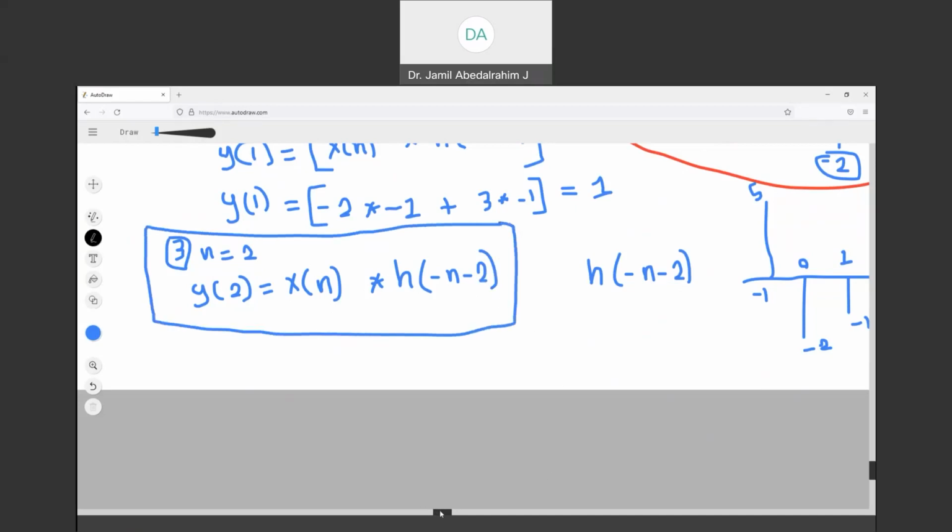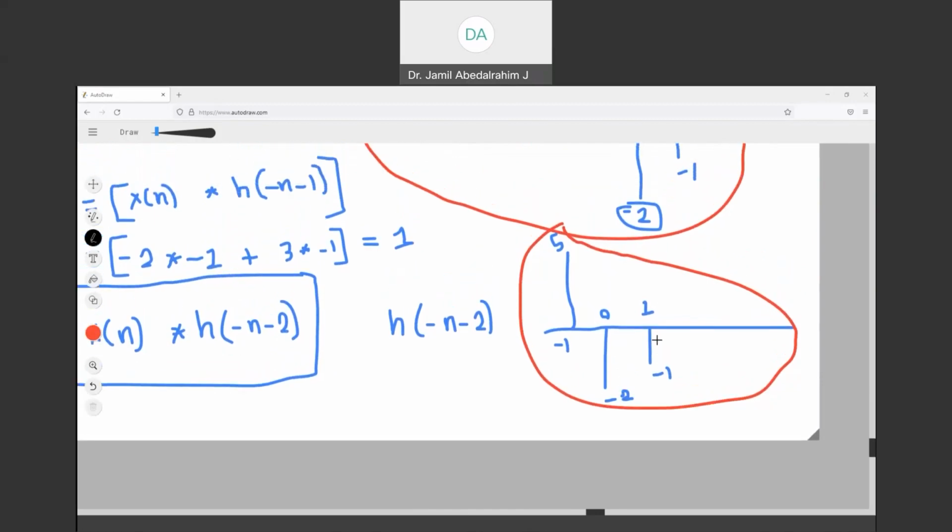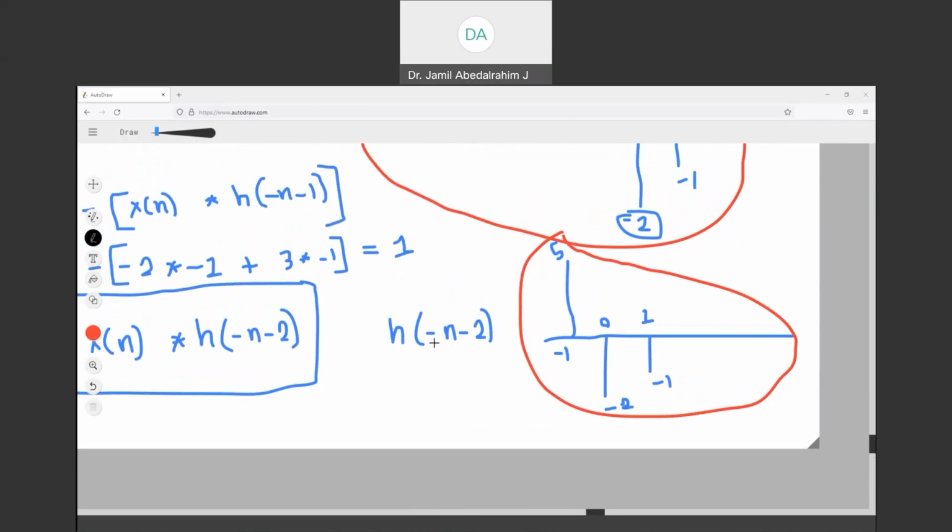Okay, so to multiply them, we need to find the shared signal, the similar location between x of n and h of negative n minus 2.